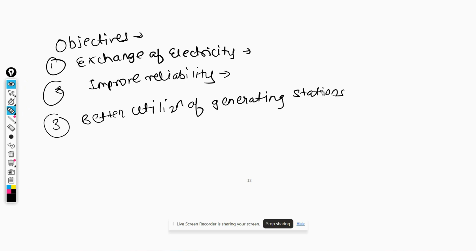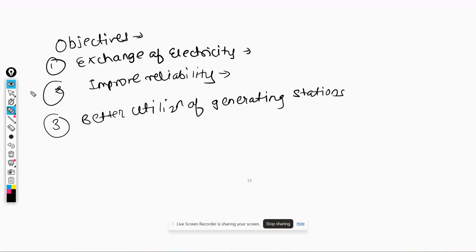Power plants are expensive to construct. So if one power plant remains idle while another is overloaded, resources are wasted. So regional grids allow generating stations to be utilized more efficiently.